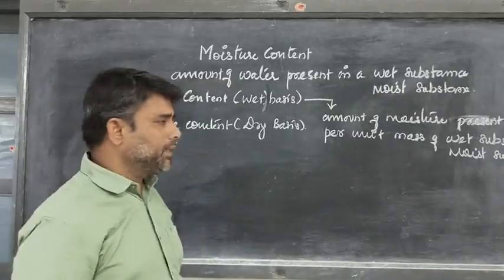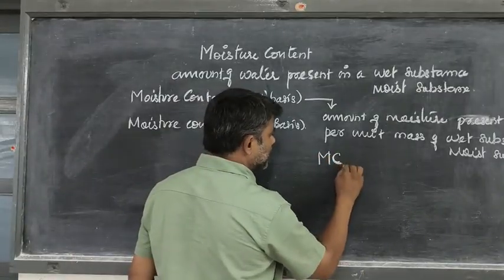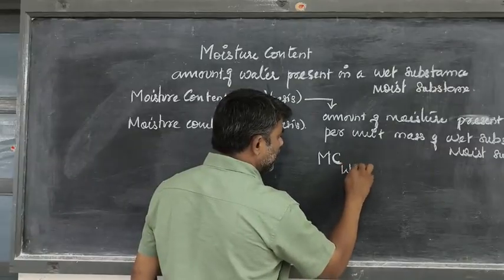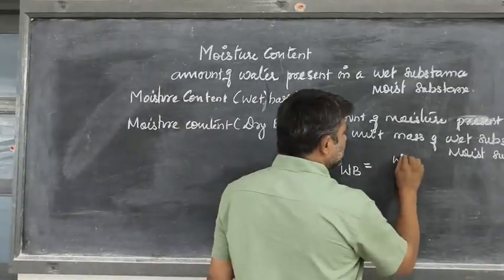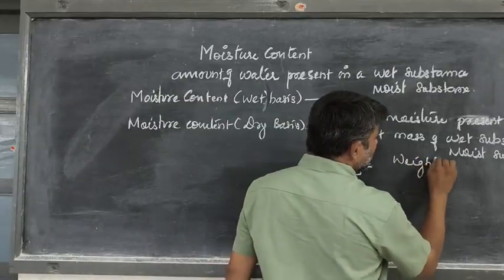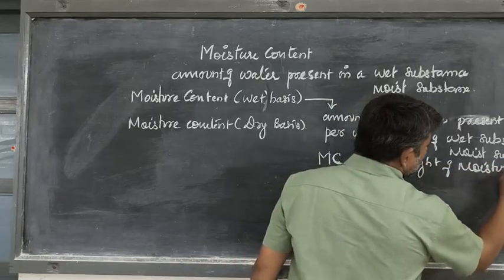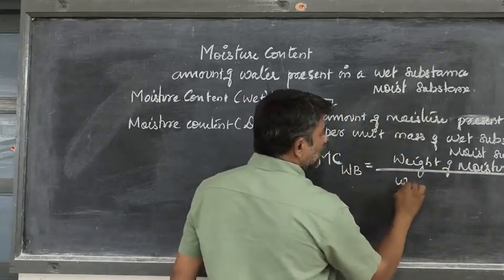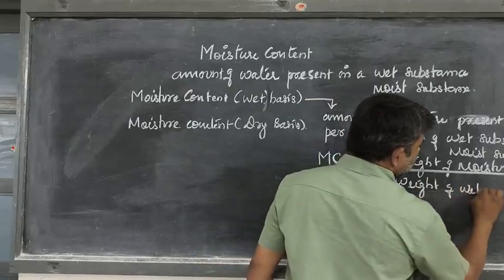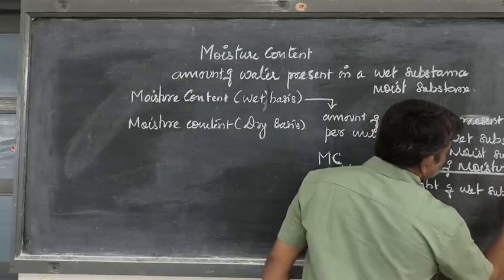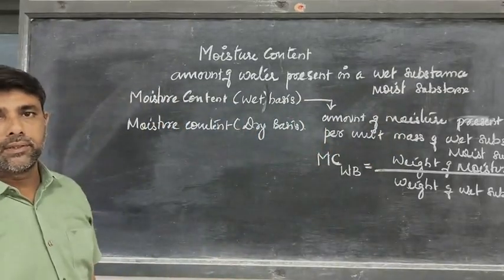So moisture content on wet basis, WB, is equal to amount of moisture divided by amount of wet substance. So this is moisture content on wet basis.